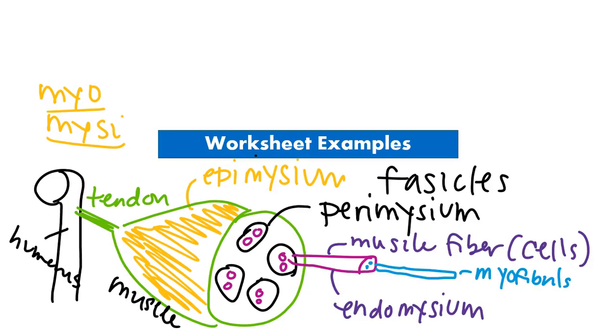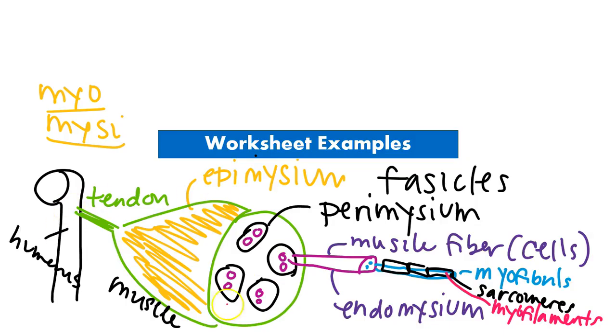And these myofibrils are made up of these contractile units, called sarcomeres. And those sarcomeres, keep going, and this is the last little bit, are made of myofilaments. Okay? And it's the sarcomeres that allow the muscles to contract.